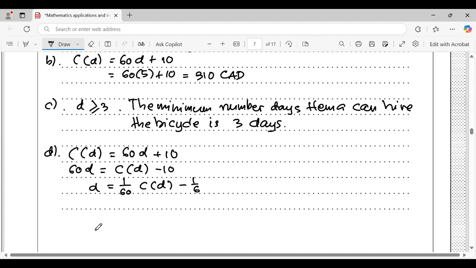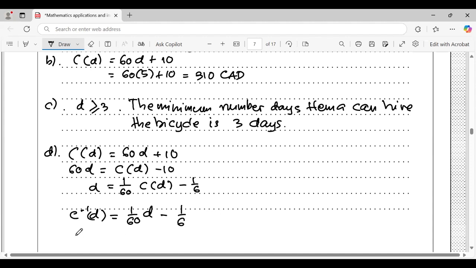And it means the inverse of this function is 1 over 60 D minus 1 over 6.